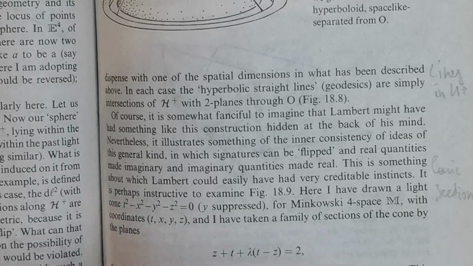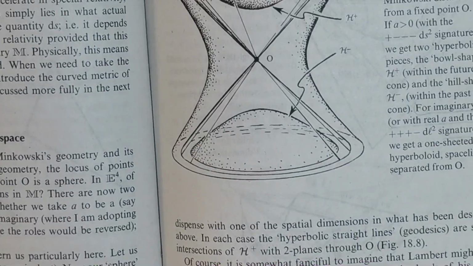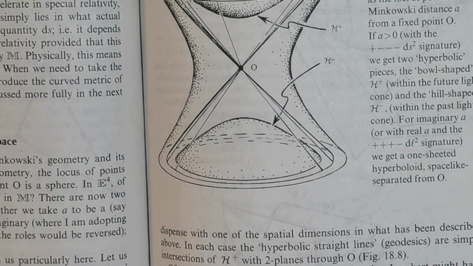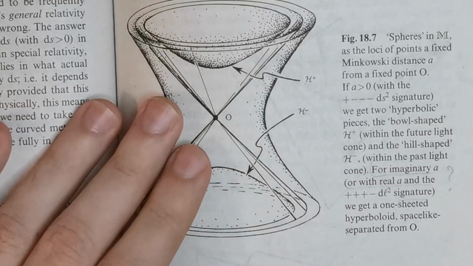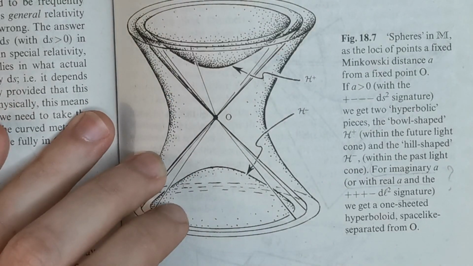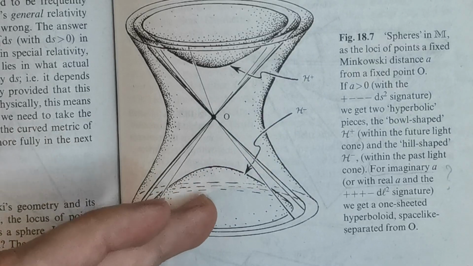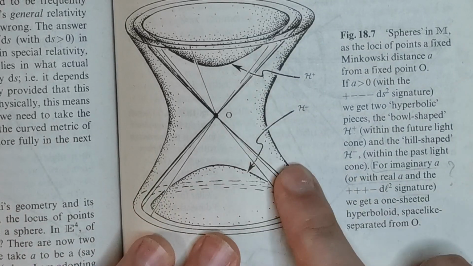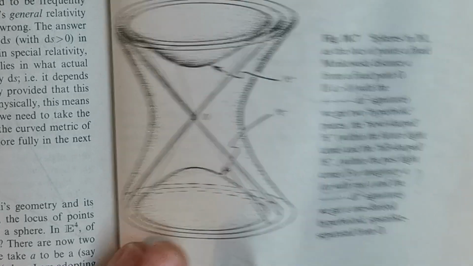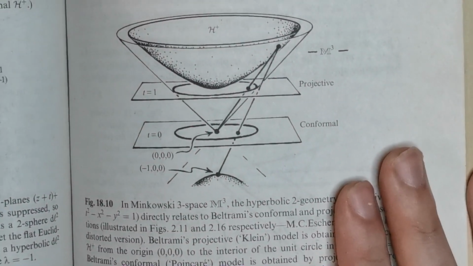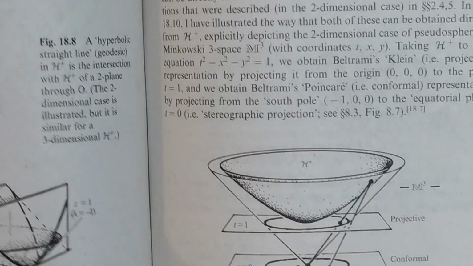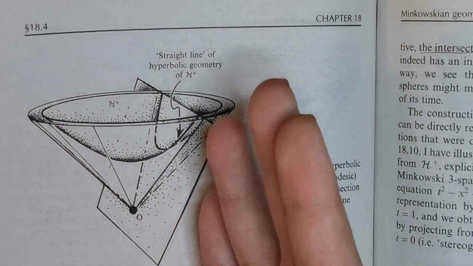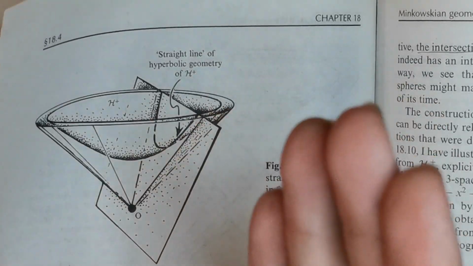So to sum up this fourth section, it talks about how the basic geometry of Minkowskian spacetime is a hyperbolic geometry, and we can obtain different Euclidean representations of that geometry by using projective procedures like the one described in that picture, where hyperbolic lines are just intersections of those balls with the planes.